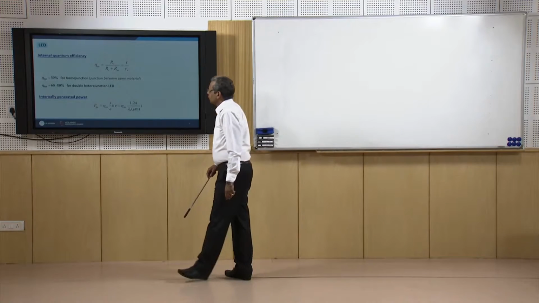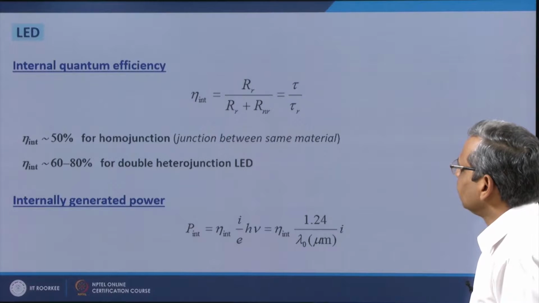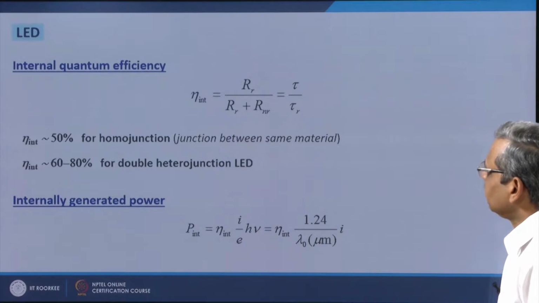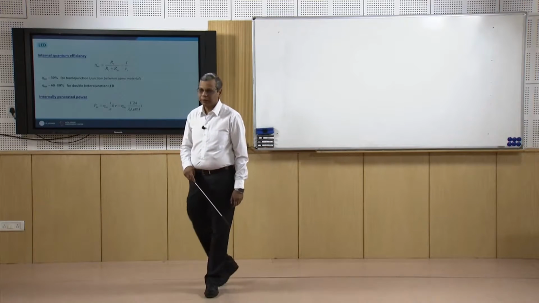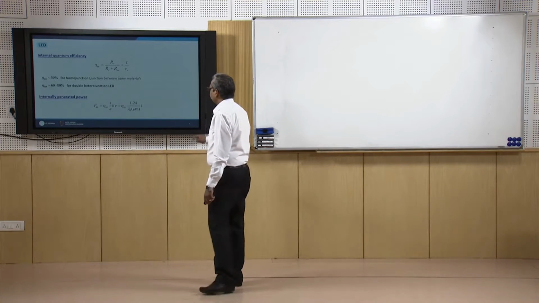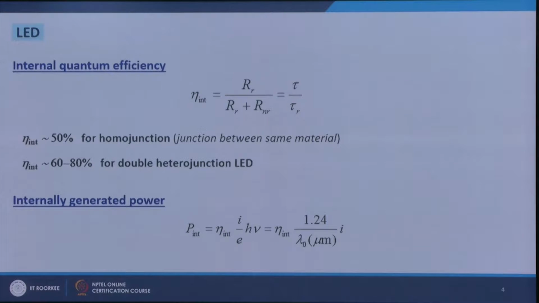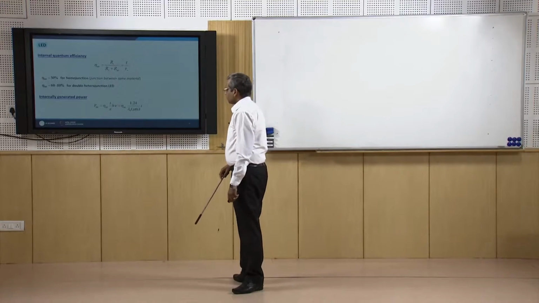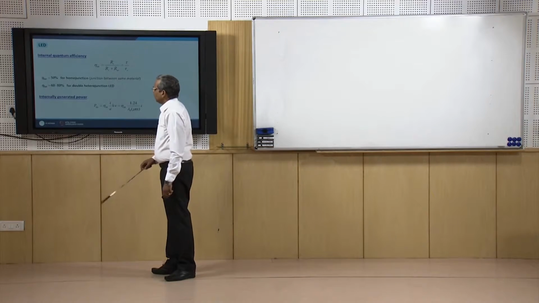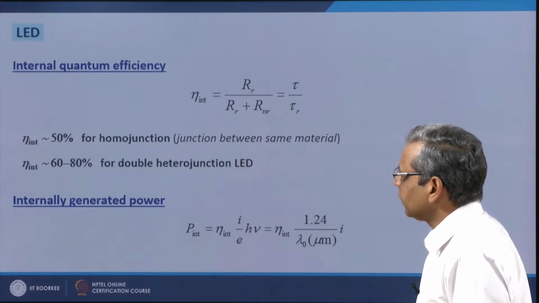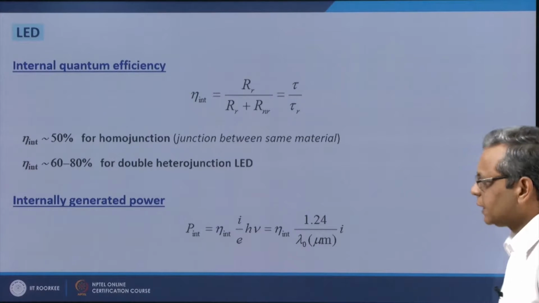The internal quantum efficiency is given by R_R over R_R plus R_NR, where R_R and R_NR are respectively the radiative and non-radiative recombination rates, which is equal to tau over tau r, where tau is the total lifetime and tau r is the radiative lifetime. Typically, the internal quantum efficiency of a homojunction LED is 50%, while for a double heterojunction LED it is between 60 and 80%.